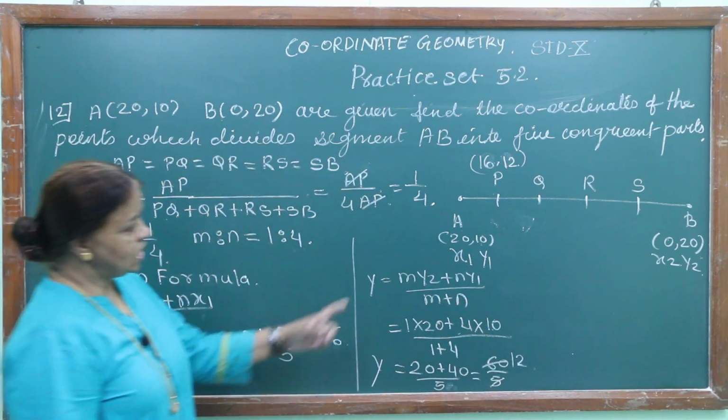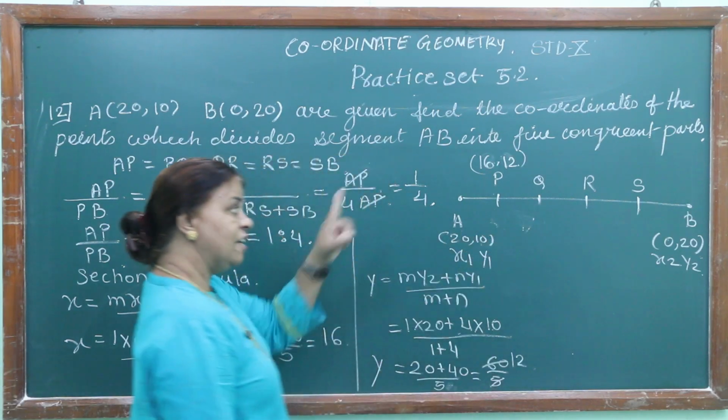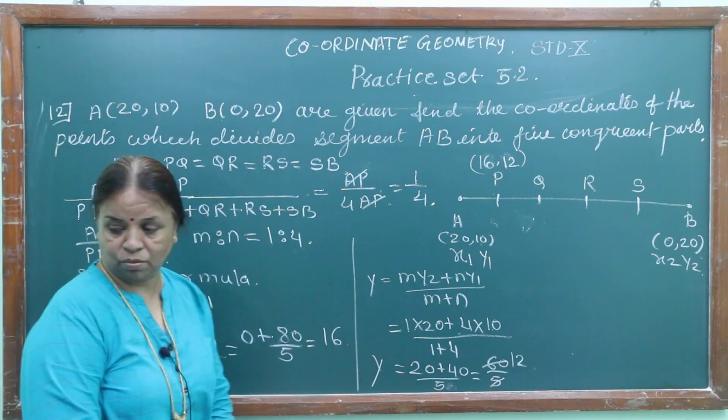Now if you go to see, point P is the midpoint of A and Q. Now here for finding Q coordinate I can use the midpoint formula.